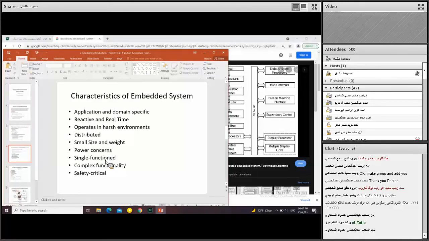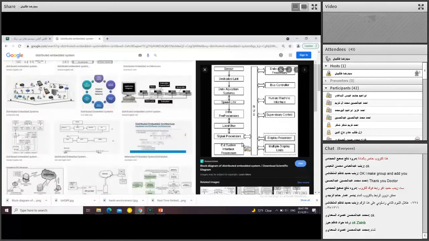Power concerns: it is preferable for embedded systems to have low power consumption. The other is single function. They are application specific, and maybe they are used for only one function, and we call them single function.